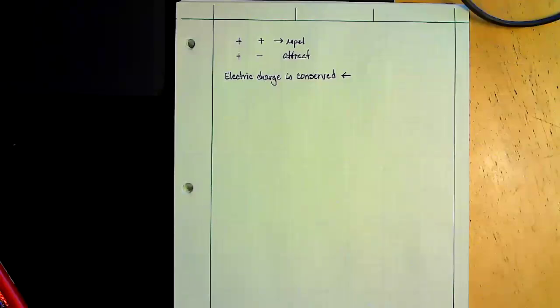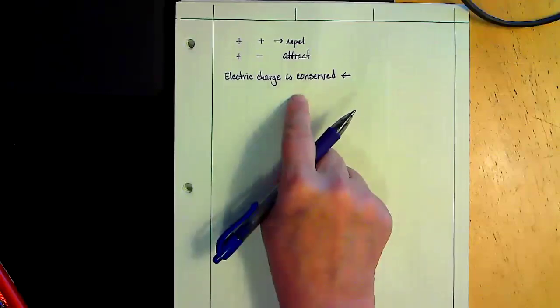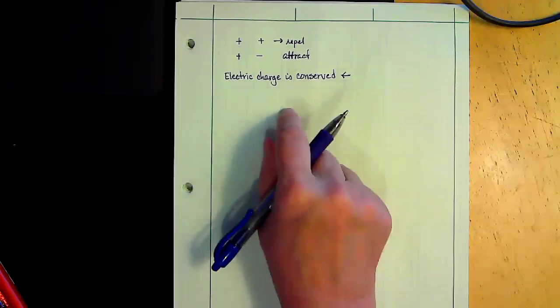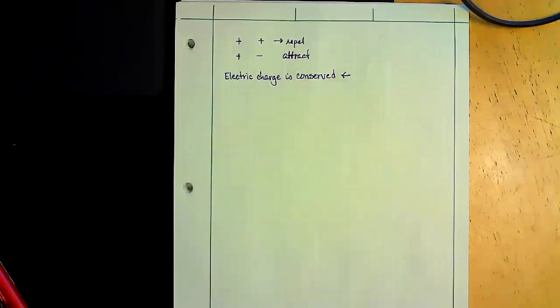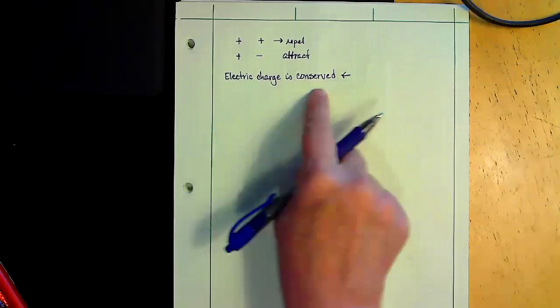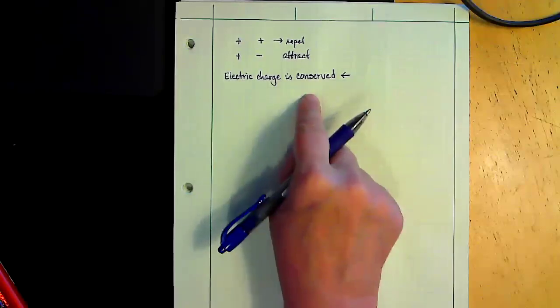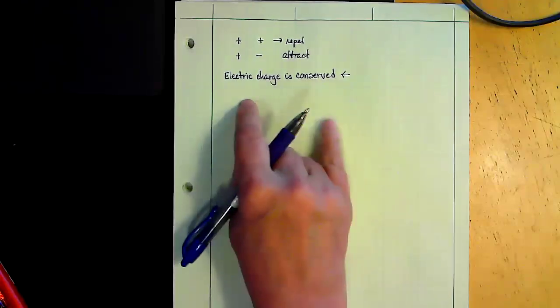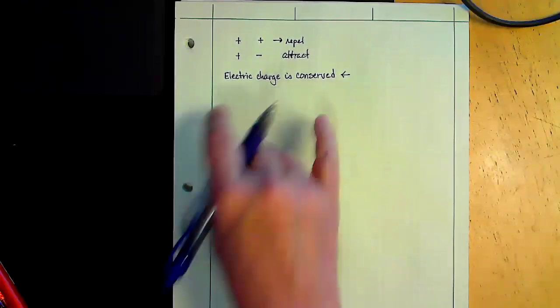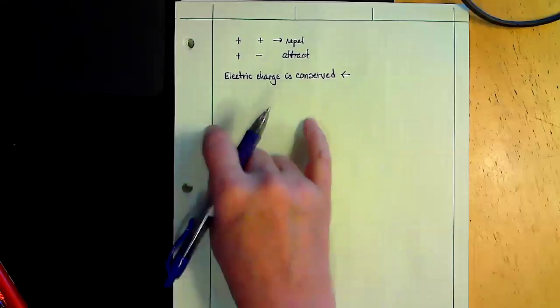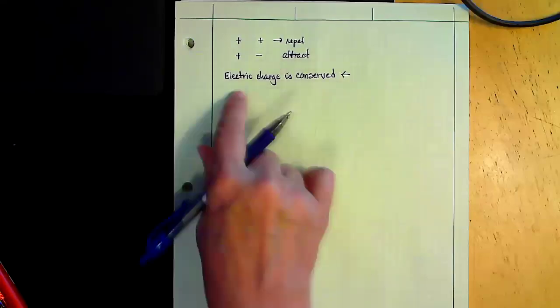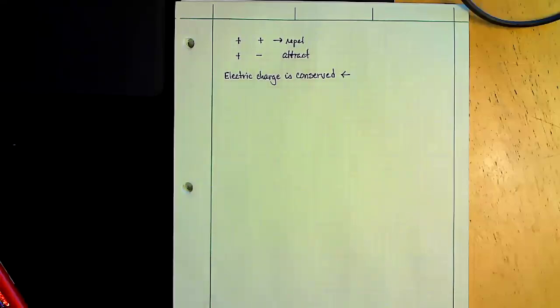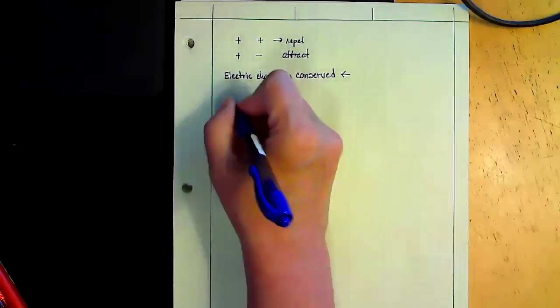For those of you that are going into biomedical fields, this idea that electric charge is conserved allows us to understand a lot of different processes, like chlorophyll. It's what's happening to the electron and where the electron is that allows us to understand physiology and currents. So this idea that electric charge is conserved is really important.